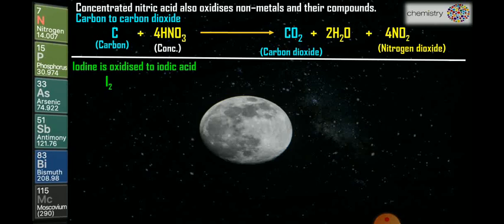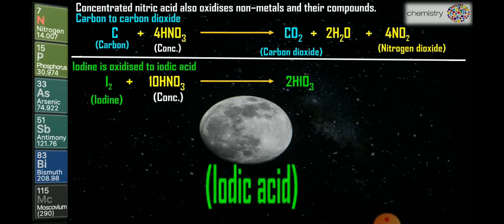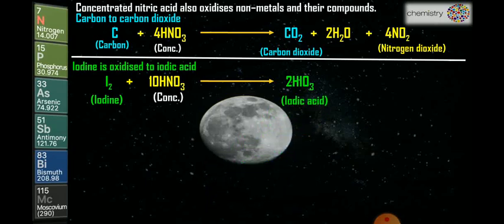Which acid? Iodic acid. Equation: I2, iodine on treatment with 10HNO3 concentrated nitric acid, there is a formation of 2HIO3. HIO3 is iodic acid.